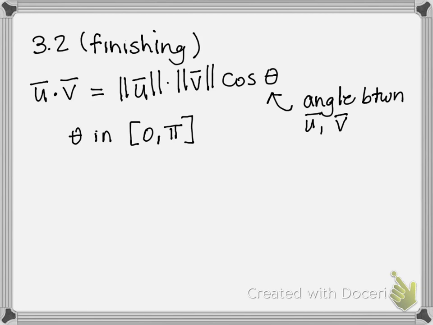So it can be a bit of a pain to calculate that angle theta. At the end of class, I derived a formula for the dot product that's a little bit easier to use than this one.